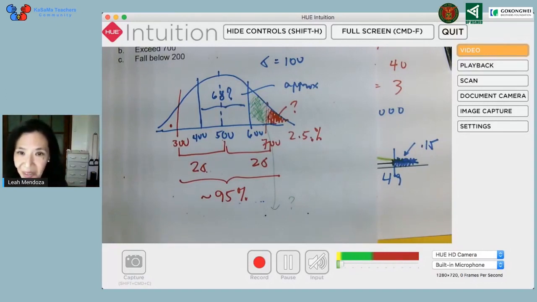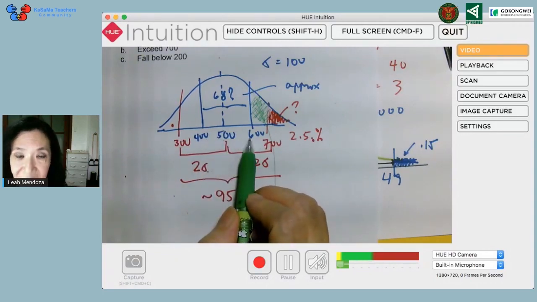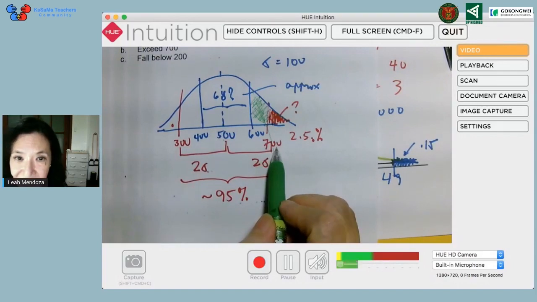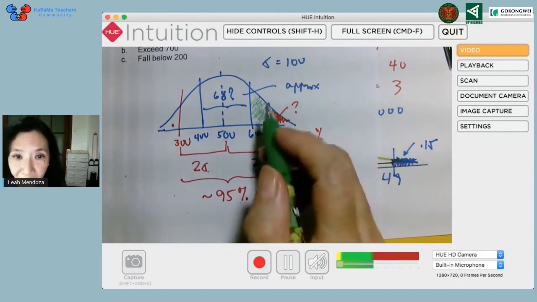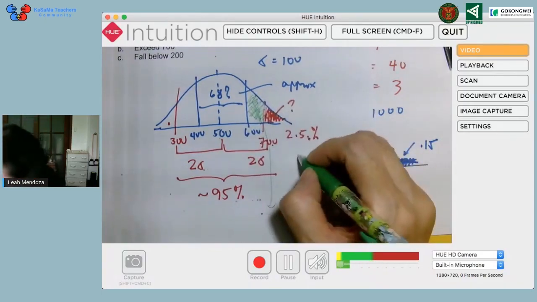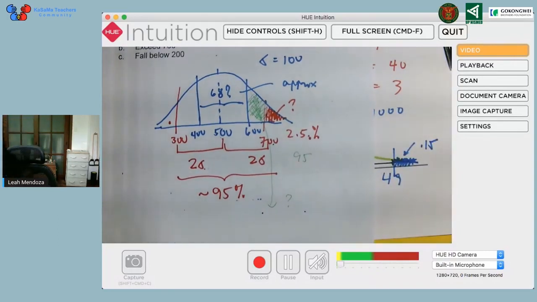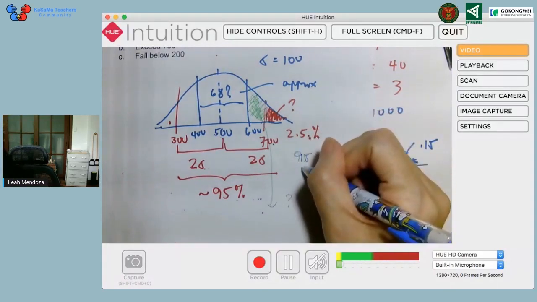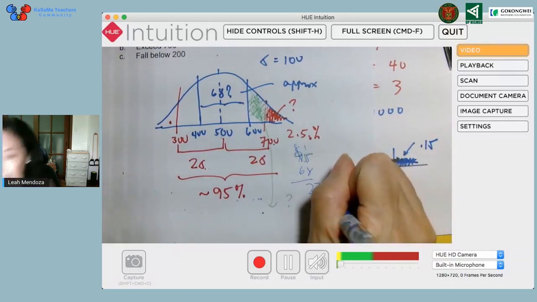Okay? Why? Because from 400 to 600, it's 68%. From 300 to 700, it is 95%. So the difference between 95 and 68 is 27.